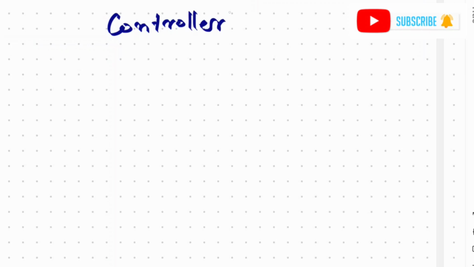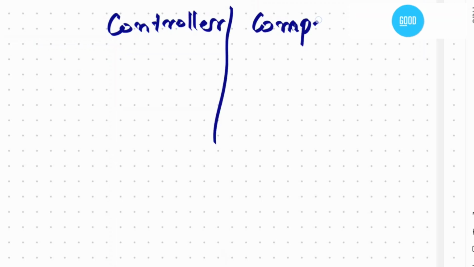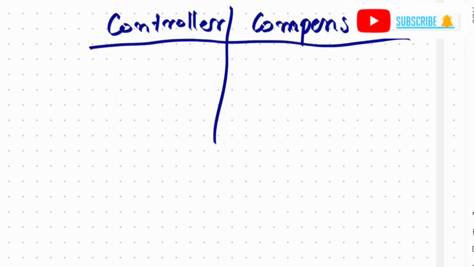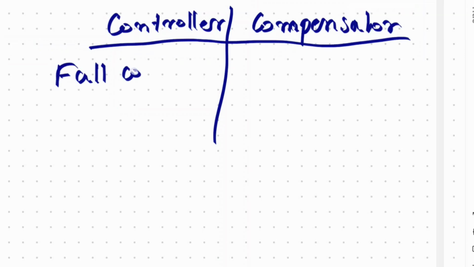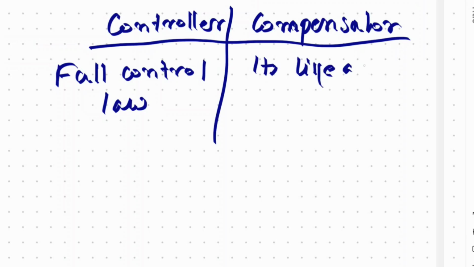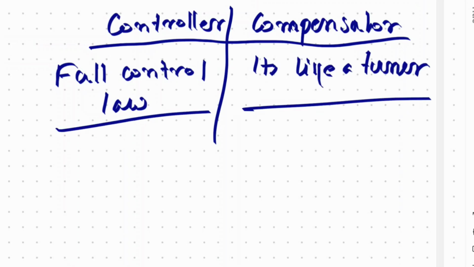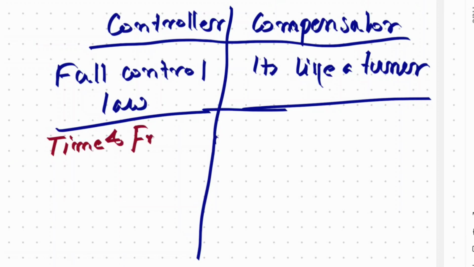So if we compare the controller and compensator, the controller is a full control law, and the compensator is only a tuner. The controller design domain is time and frequency domain, while the compensator is only in frequency domain.